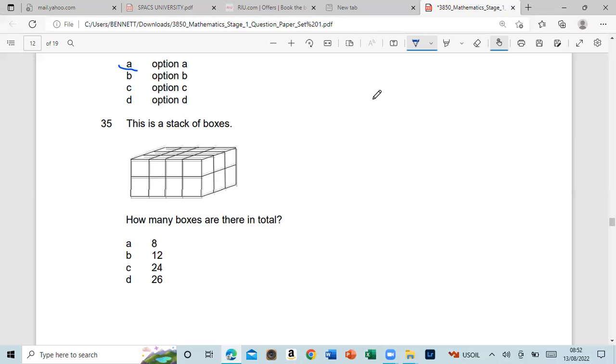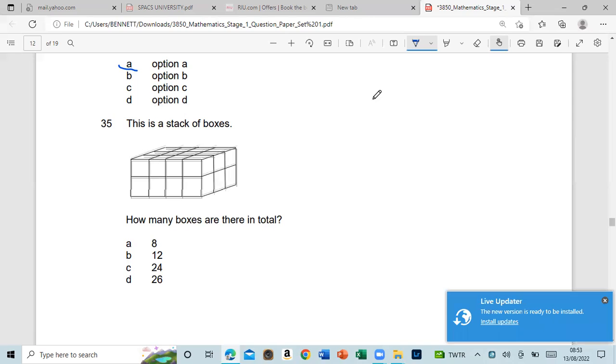Somebody says 26. Well, this is the code you should use here because I'm using a different device. So let her join with this code that I sent you.